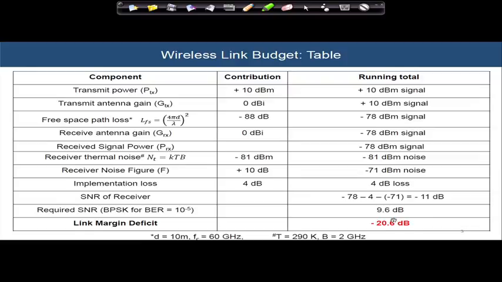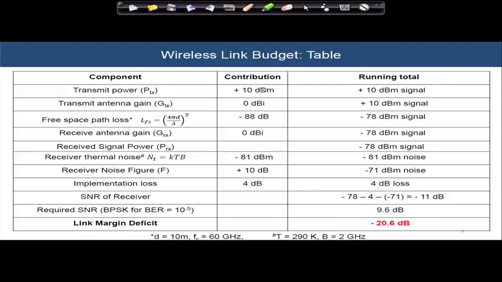So now the question is, how can we make the system work? Because what is happening now is we have a situation where we were given the requirements and we first chose the spectrum or the region in the spectrum where we are going to operate. However, this particular link budget gives us a deficit. So we have a couple of options now.